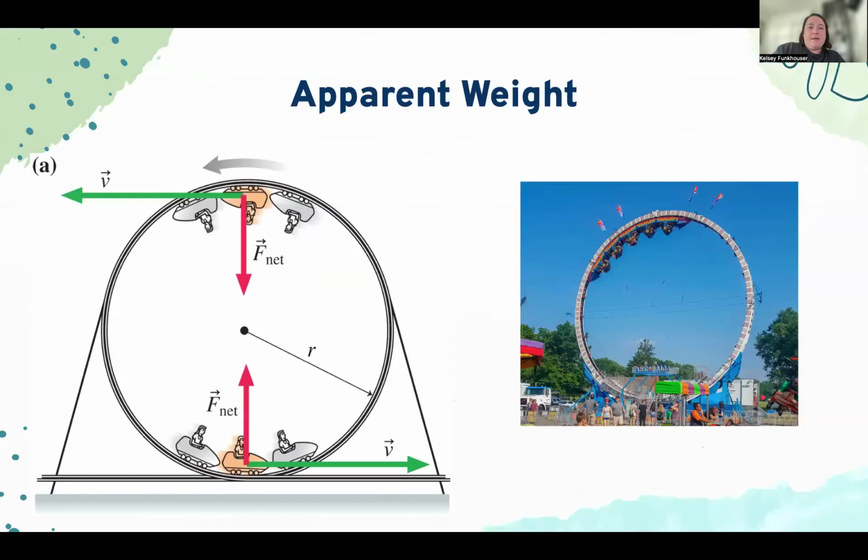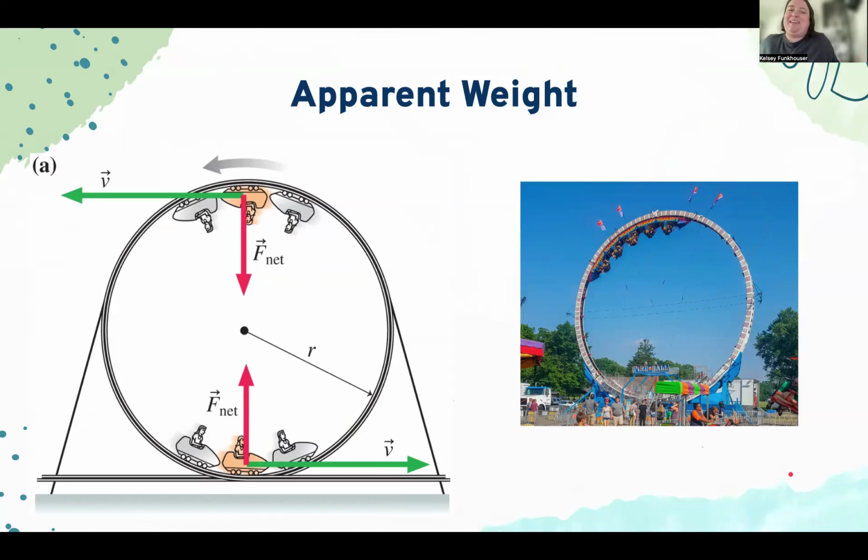So now let's bring it back to more explicitly apparent weight. So let's think about this roller coaster specifically. This picture is called Fireball, but the one I'm familiar with at Wild Waves in Federal Way is the Ring of Fire. So it's just like a roller coaster going around in a circle.